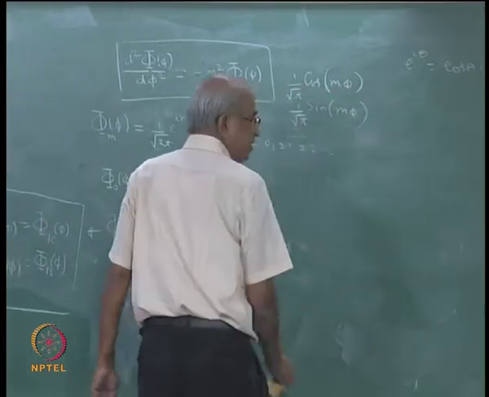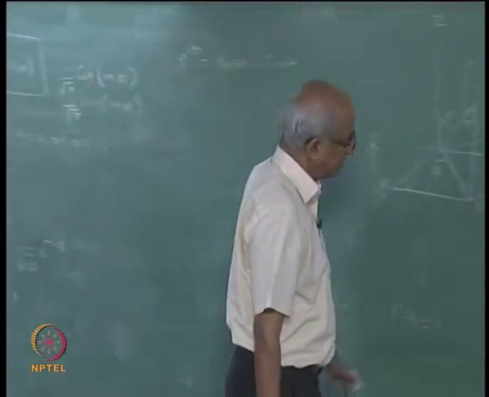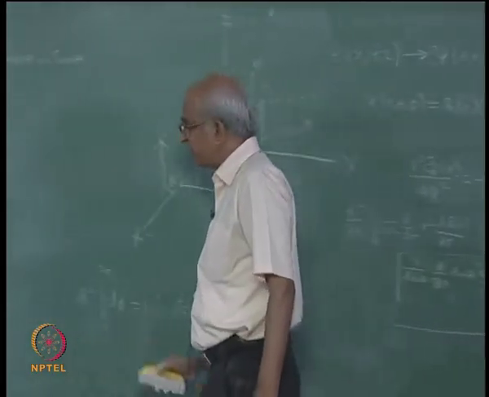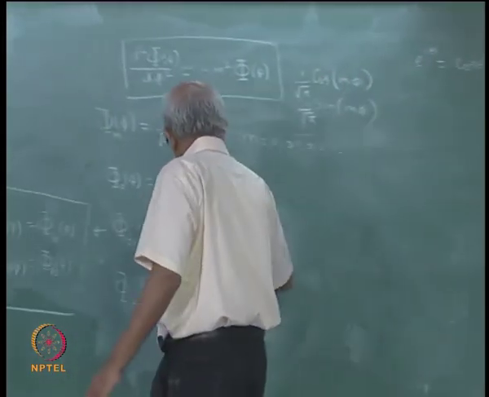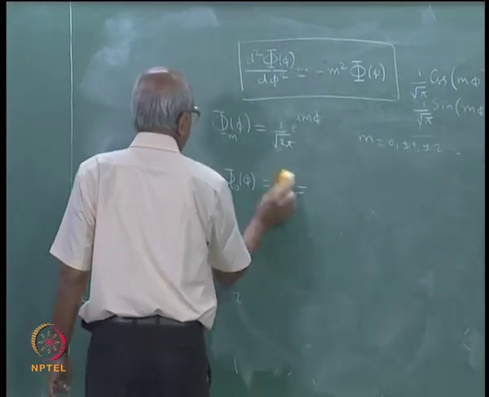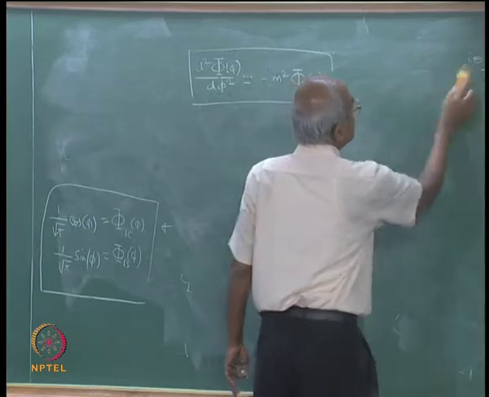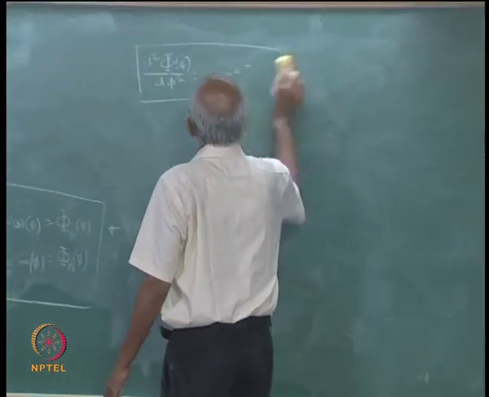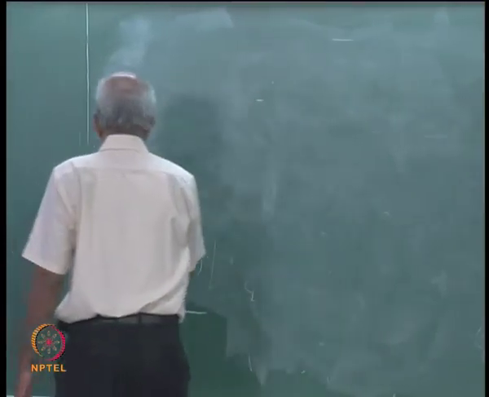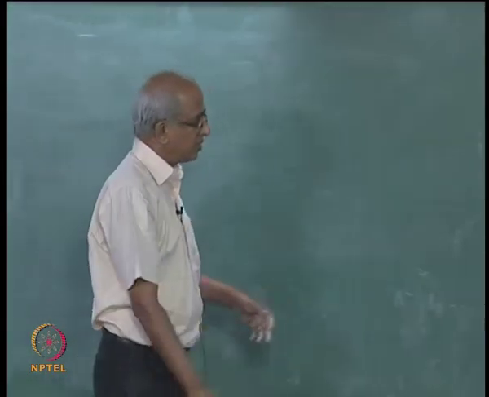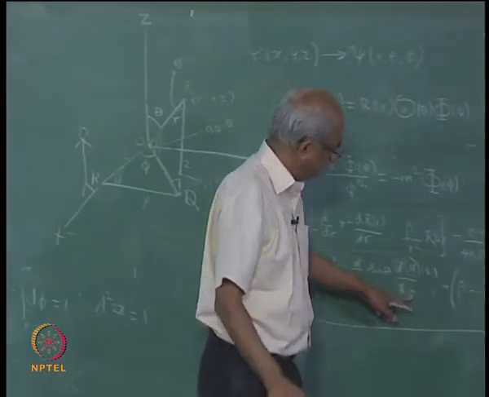Now we have to look at the next equation, which is actually more complex. This is the equation that we have to worry about. So we will look at that equation. Remember that theta is a variable that will range from 0 to pi.